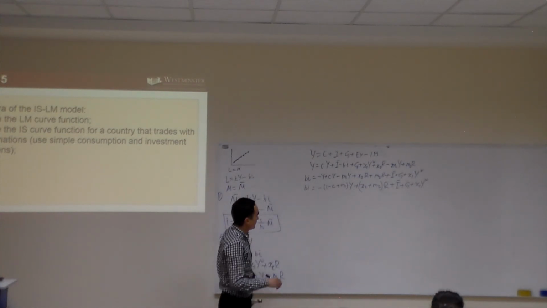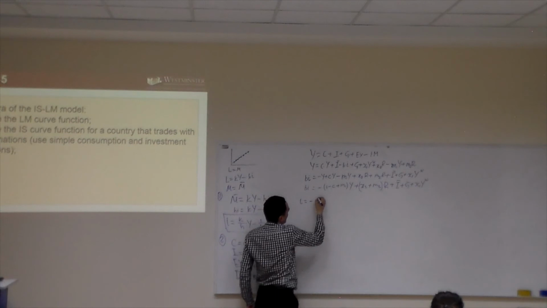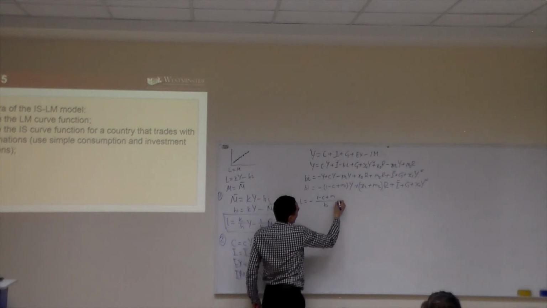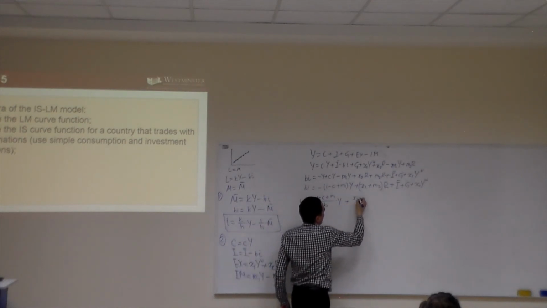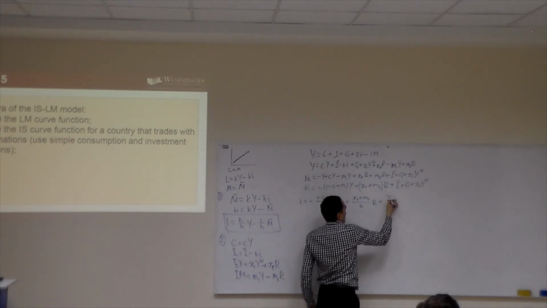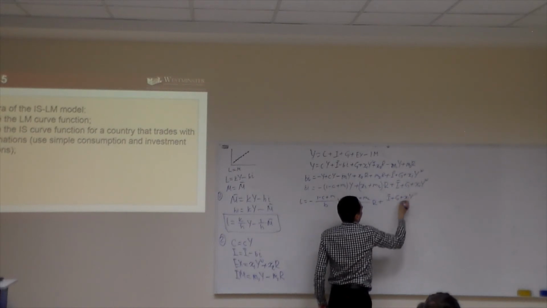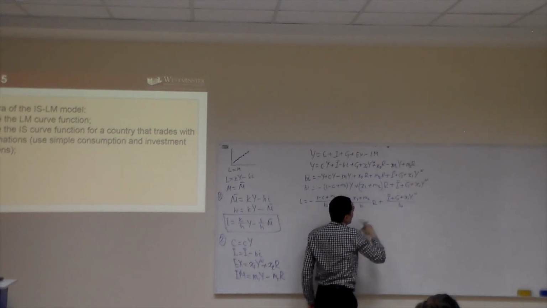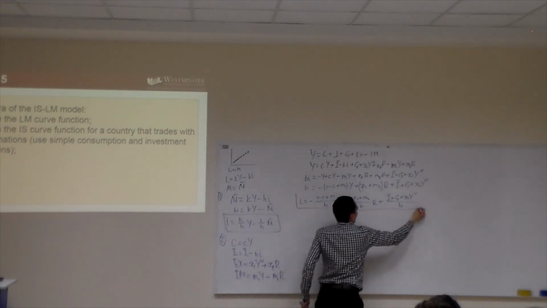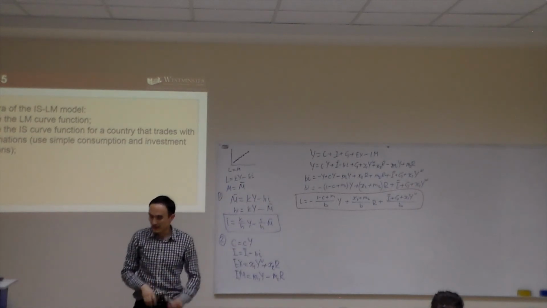So the IS curve function is equal to minus 1 minus C plus M1 over B times Y, plus X2 plus M2 over B times real exchange rate, plus autonomous investment plus government spending plus world output over B. So this is the IS curve function.